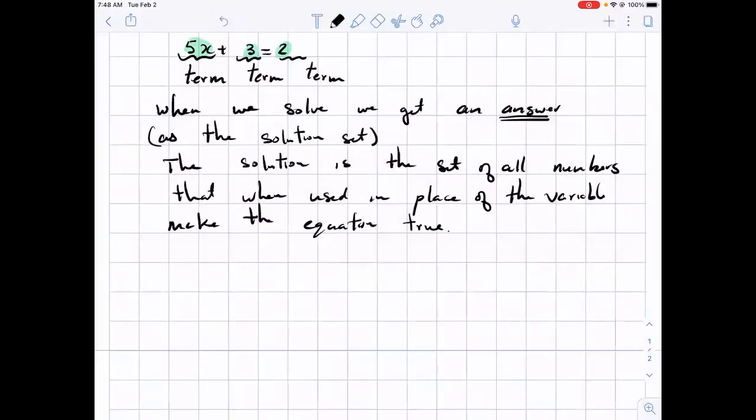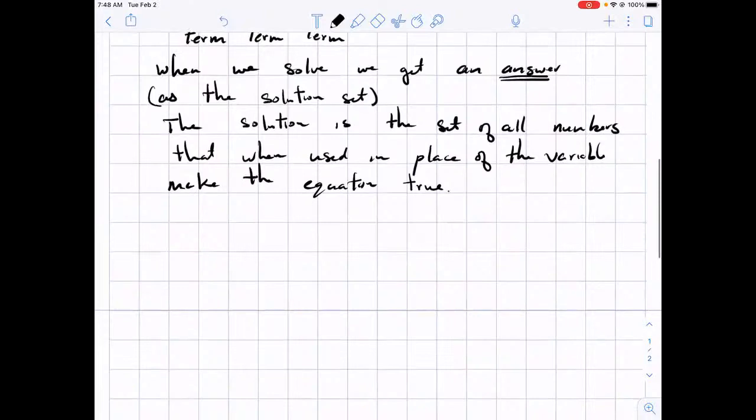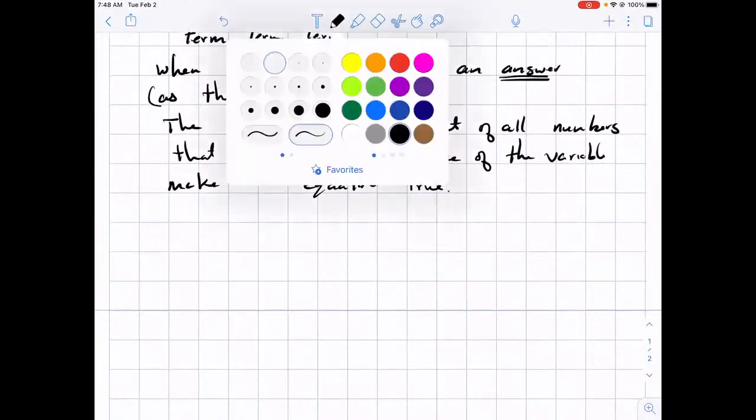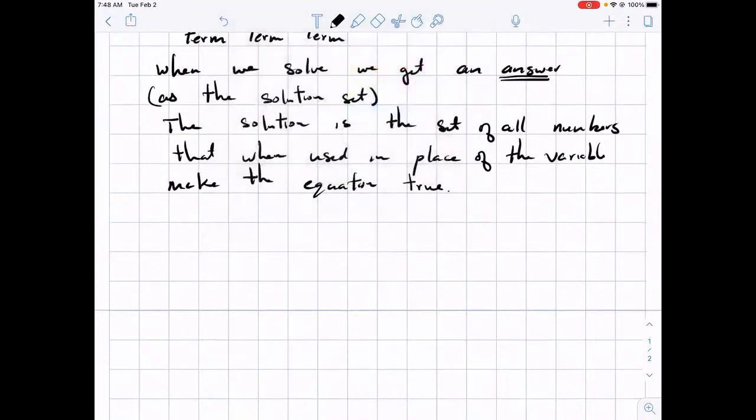We will see that two or more equations with the same solution are called equivalent equations. So if we have two or more equations with the same solutions, what does that mean?